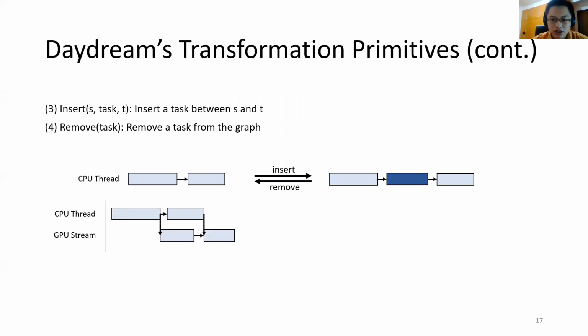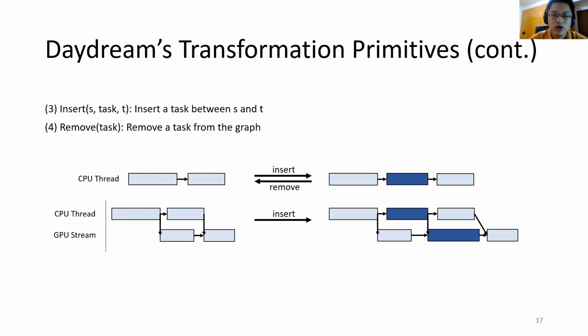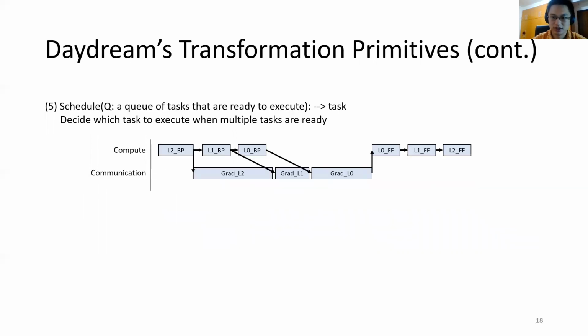Inserting a GPU task is a bit different because a GPU kernel has a corresponding CUDA API to launch it on the CPU side. So when inserting a GPU task, we need to also insert a CPU task at the right position, representing the CUDA launch API. And again, removal is just the reverse of an insertion.